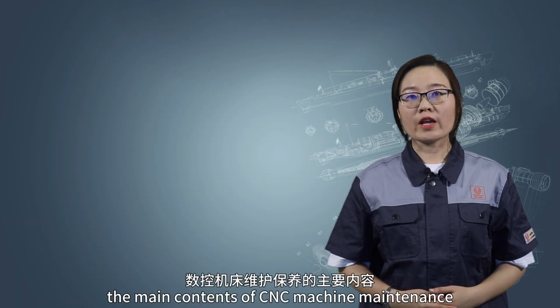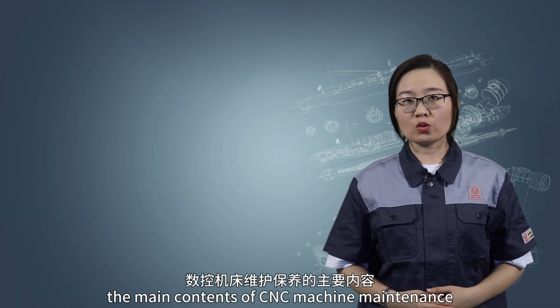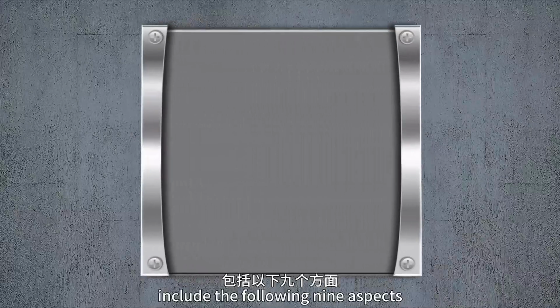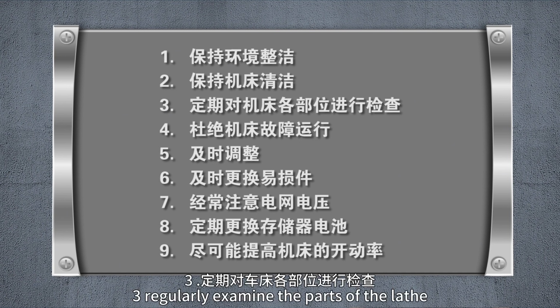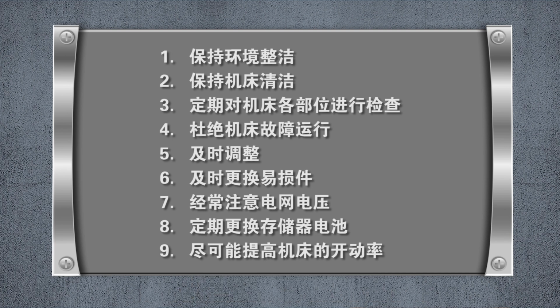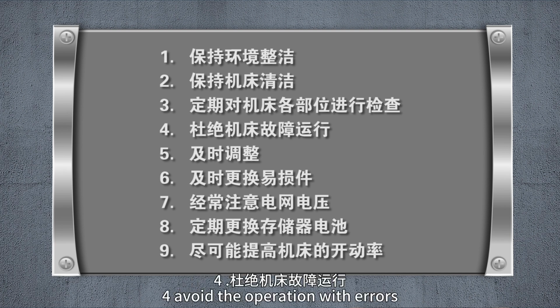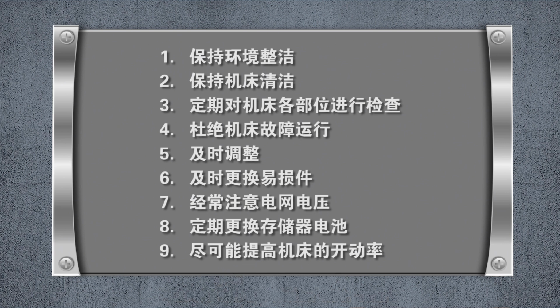The main contents of CNC machine maintenance include the following 9 aspects. 1. Keep the environment clean. 2. Keep the lathe clean. 3. Regularly examine the parts of the lathe. 4. Avoid the operation with errors. 5.